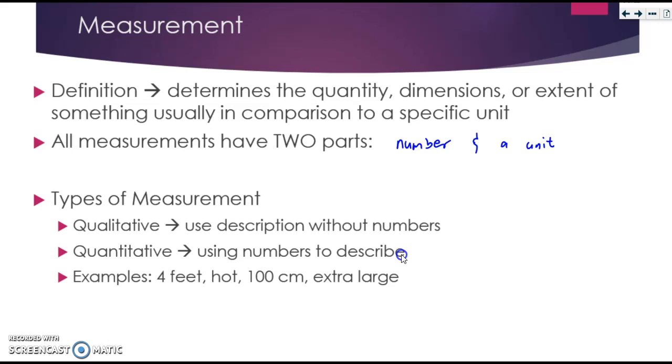It's giving you the quantity of something. This is more common for our class because this is a pretty math-heavy class. Of the examples, these two that I'm currently underlining would be examples of quantitative measurement, and the other two that I'm now circling would be examples of qualitative measurement.